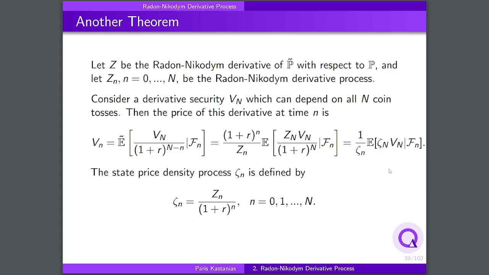Let Z be the Radon-Nikodym derivative of P tilde with respect to P, and let Z_n be the Radon-Nikodym derivative process.